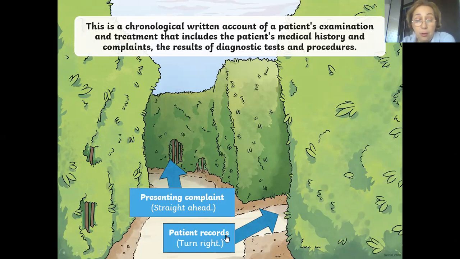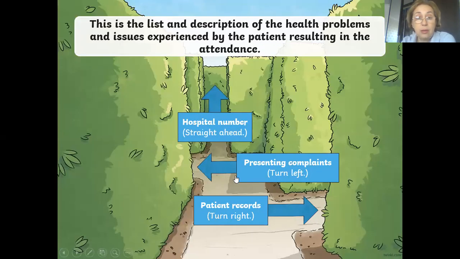Okay, let's check patient records. Yes, you're right. Now, this is the list and description of the health problems and issues experienced by the patient, resulting in the attendance. The patient's record. Okay.